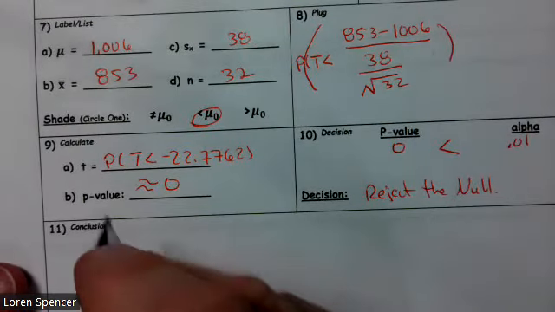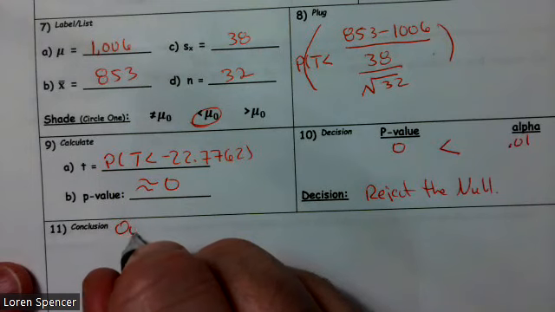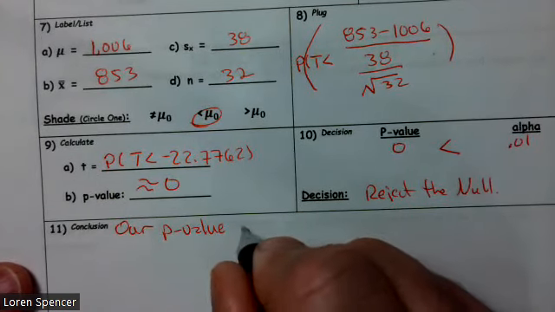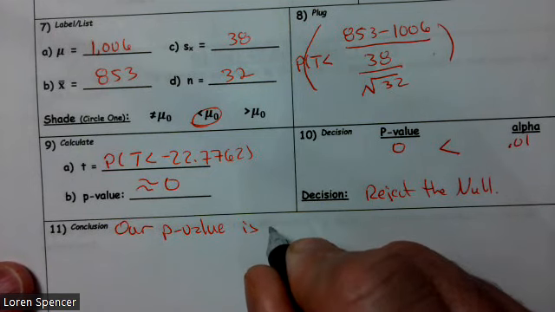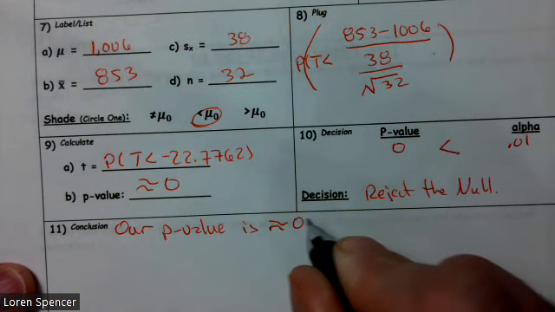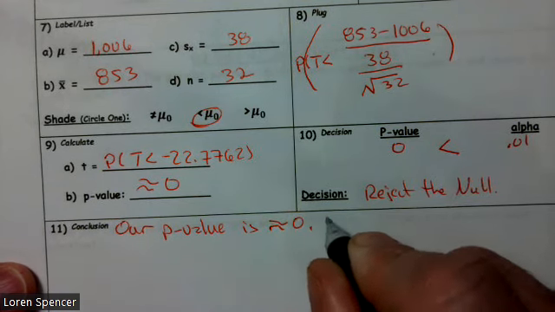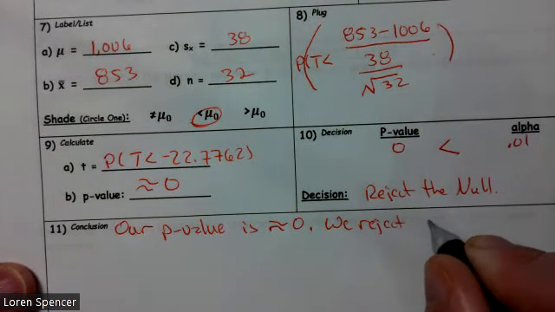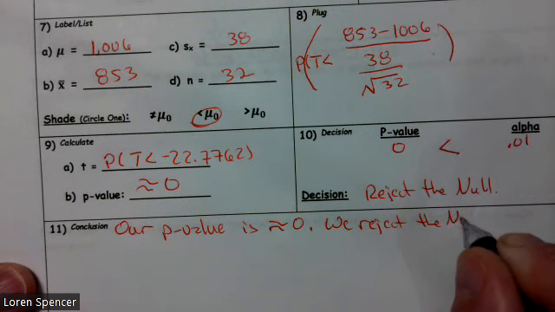And what can we say? Our p-value is, and I'm going to use the approximate symbol, approximately 0. Our decision, we reject the null.